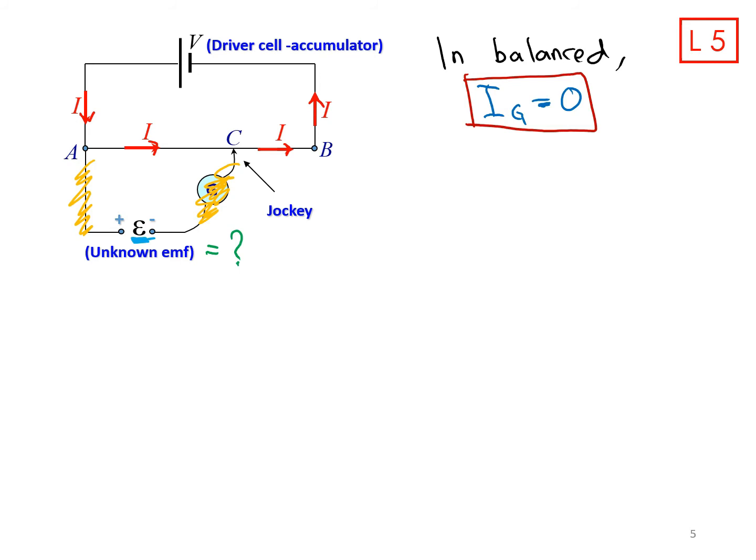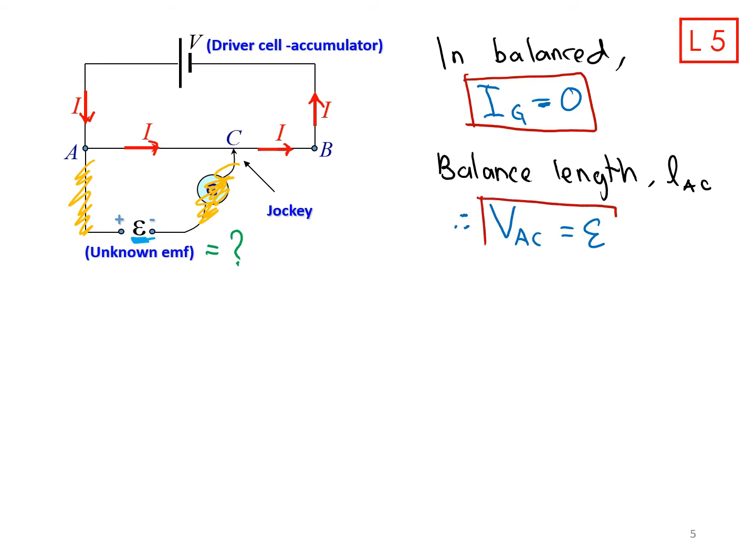So once your galvanometer is in balance, we have the balance length, labeled as LAC. Therefore, the potential difference across AC is equal to our EMF because they are in parallel to each other.